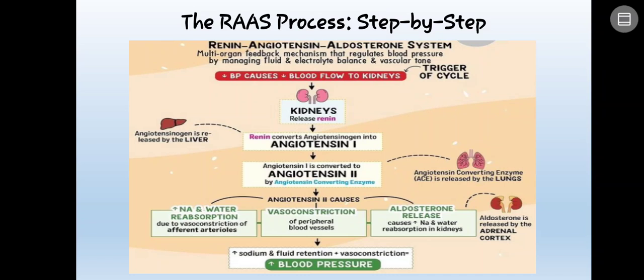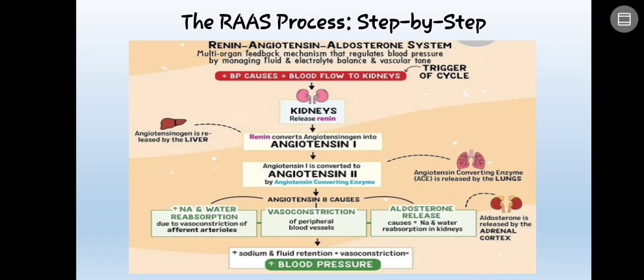The kidney has a way that it also monitors your sodium concentration in the fluid that is flowing through your distal convoluted tubule. And this is done by specialized cells. We call them the macula densa cells.